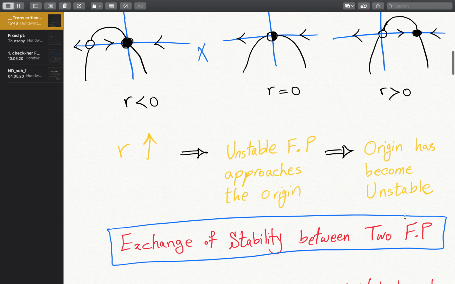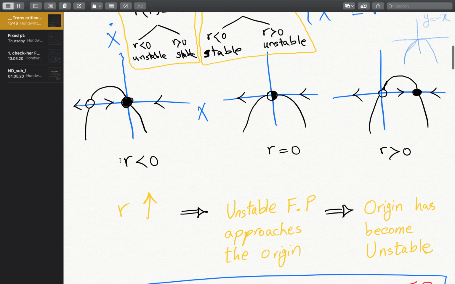So you see that if now I have a negative r, with increasing r, then this unstable fixed point is approaching the origin, and you will see that they are colliding, and like in saddle node we had this collision and destruction of the fixed points, but here you just see the change in stability.